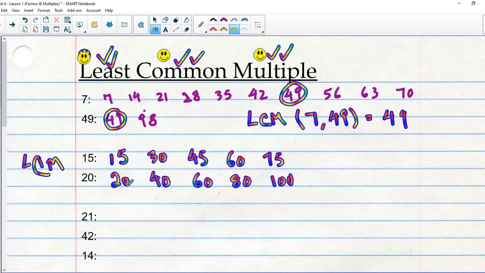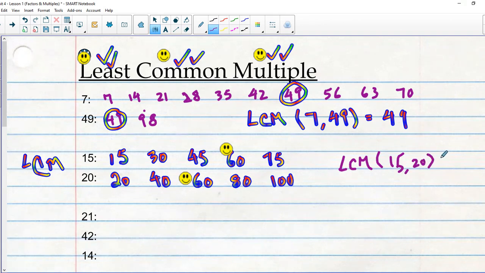Okay, right, it's 60, right? If you go down this list, 60 and 60, so therefore, the LCM between 15 and 20 is 60. Meaning that's the smallest number.